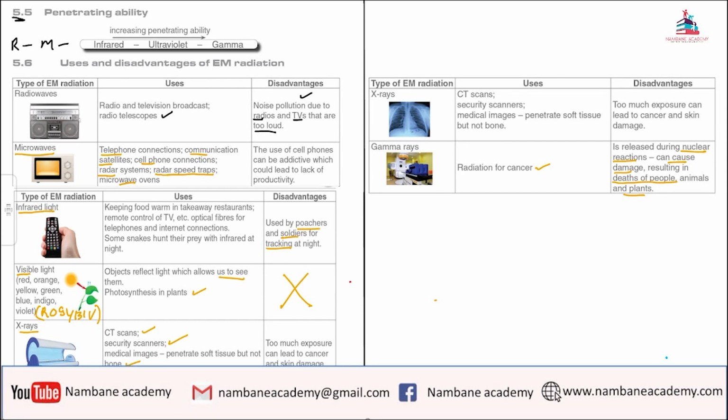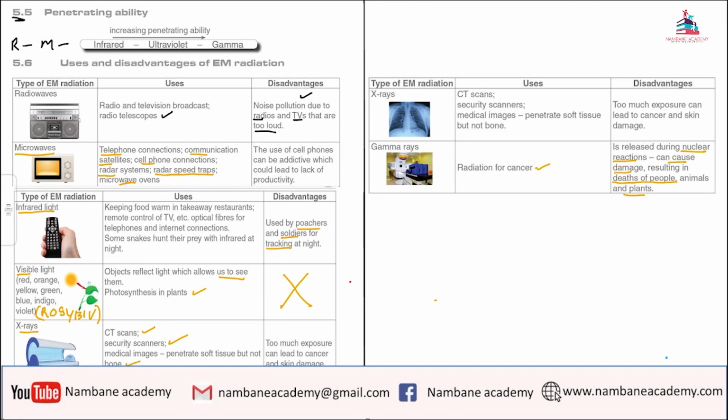So when you are going for a radiation for them to kill your cancer cells, they must just give you the right amount of exposure. If they don't give you the right amount, ladies and gentlemen, that will result in parts of your body, the organs, being exposed to very high radiation.